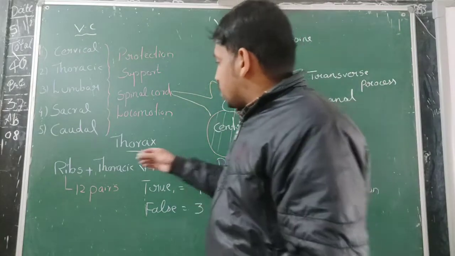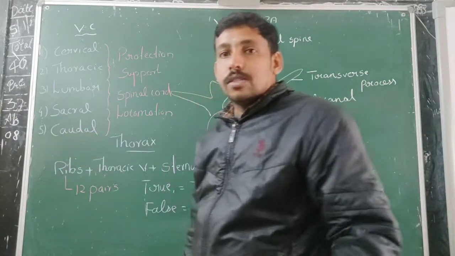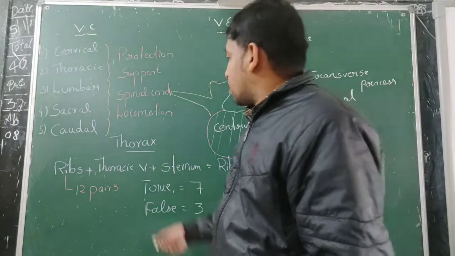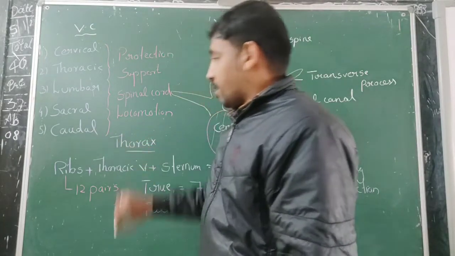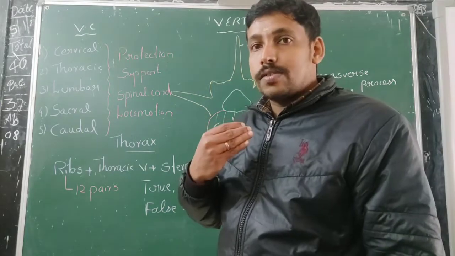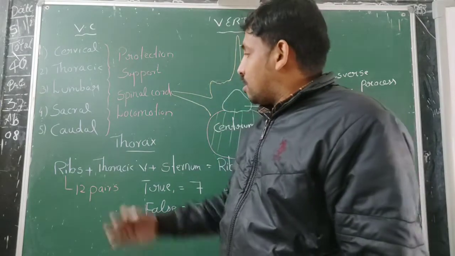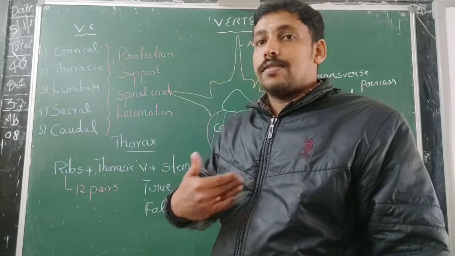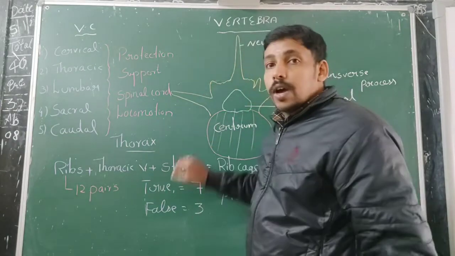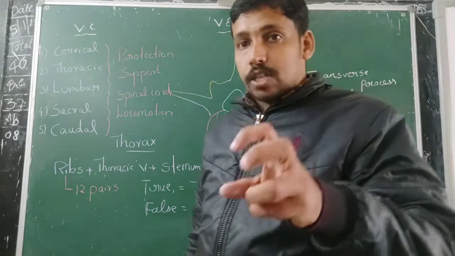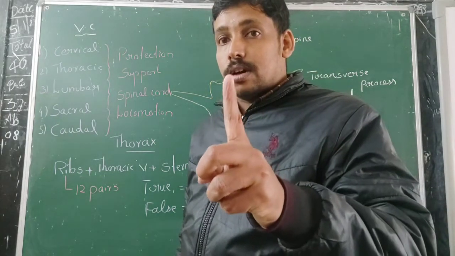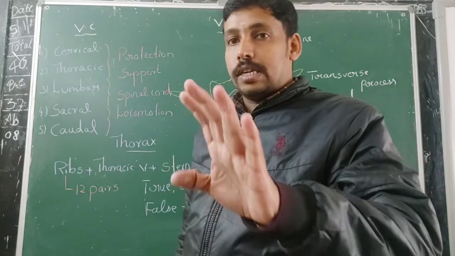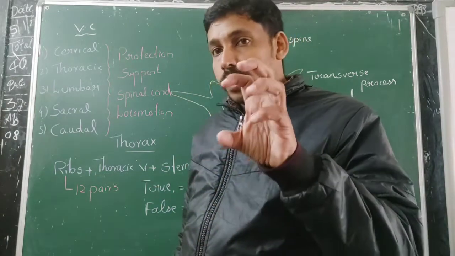Then we come to the thorax region. In the thorax region we can see the ribs, 12 pairs of ribs. Then there is the thoracic vertebrae, and in the front region you can see the sternum. You have to go through the textbook as well as the diagrams. In our textbook we have a neat, elaborate diagram. You have to go through that diagram.